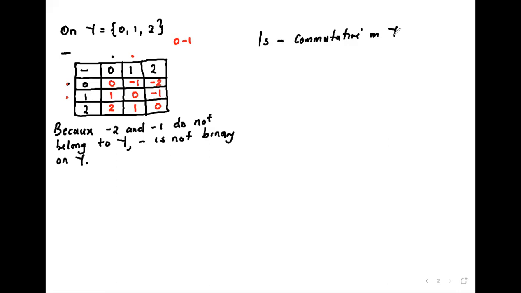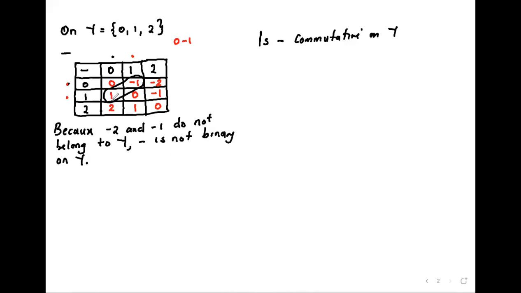Let's check. So we can use the same numbers. Now, remember in the previous one, I said, if you do this and the numbers are the same, then it's commutative. This time around, when you do this, the numbers are different. Then you know that it's not commutative. So you can pick that as your example.